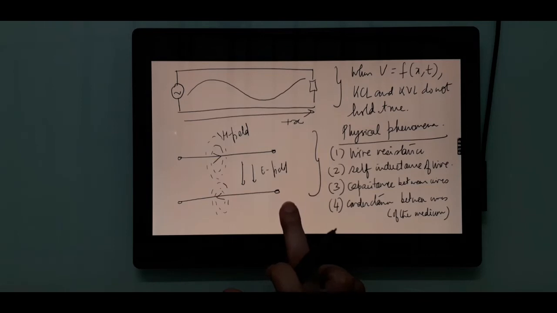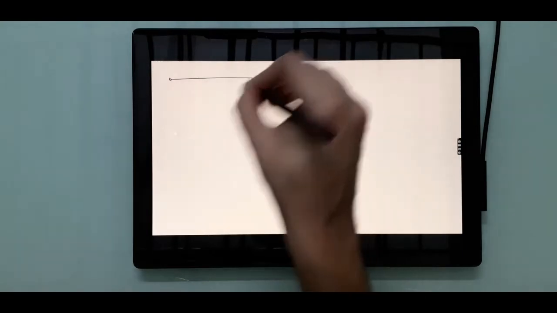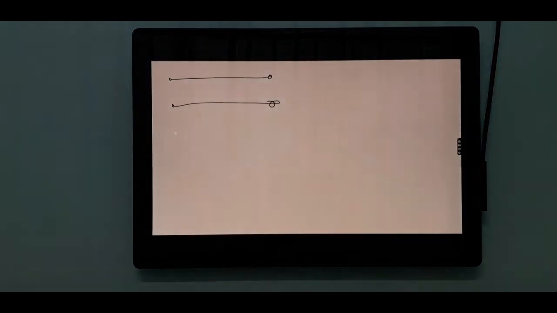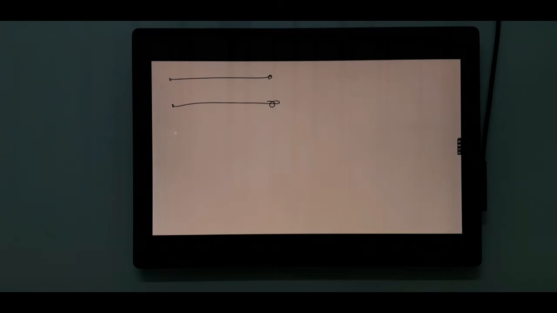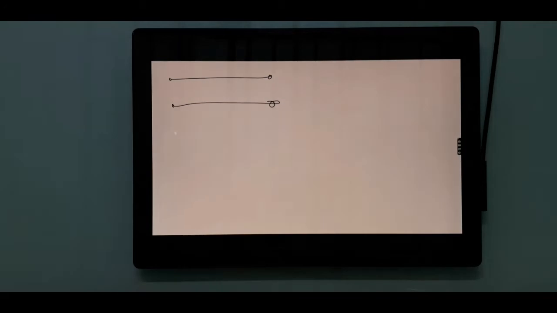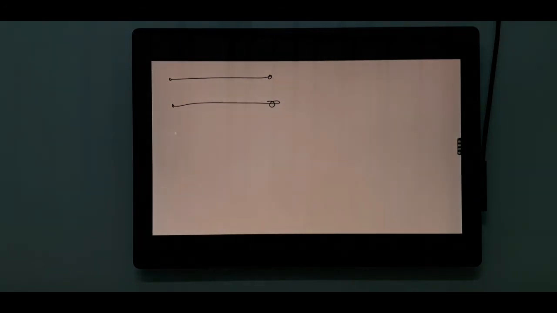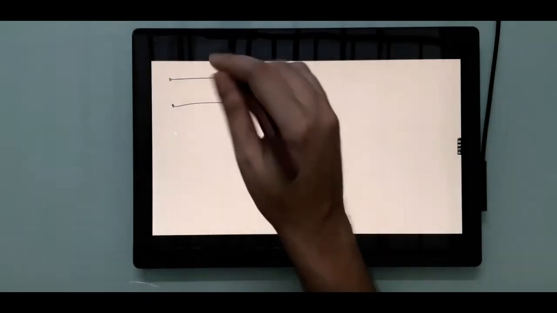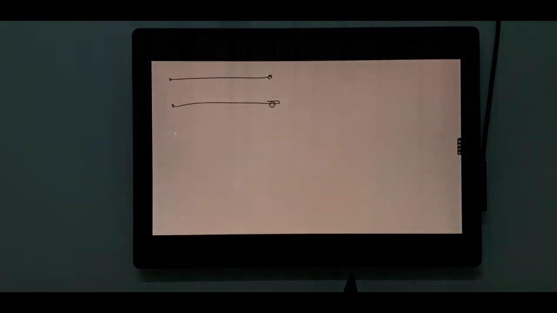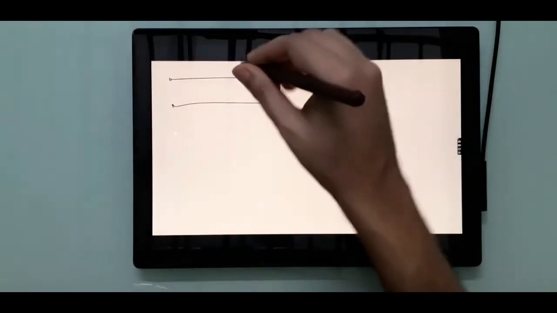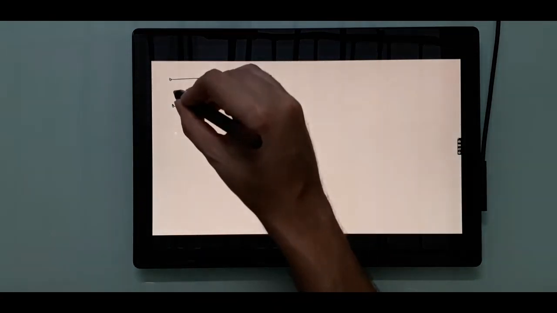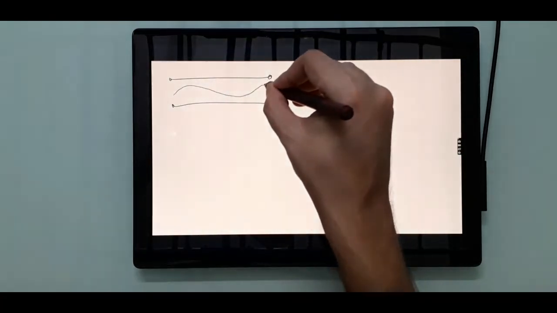Now, suppose somebody gives you this pair of wires or this pair of conductors, which will be used to send a wave from one end to the other end. It is always better that we consider one small section on this wire. So let's suppose the wave goes something like this.